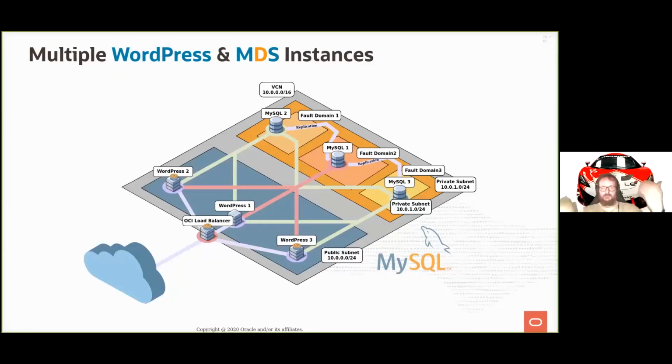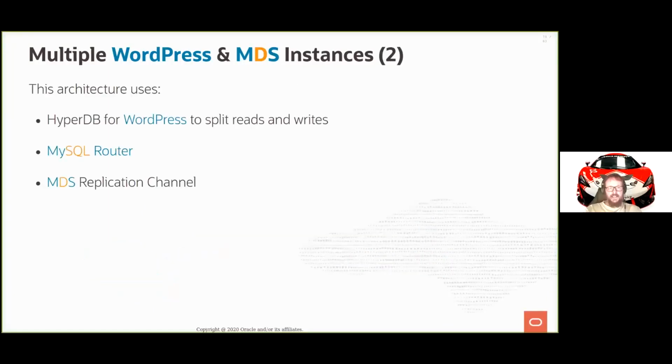And they connect locally. So all WordPress connect locally, and the router sends reads and writes using HyperDB and the router to connect to the right instance, right? And it used this MDS replication channel that I just told you about.